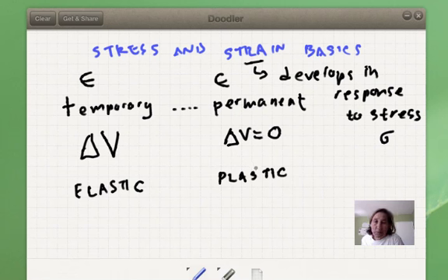So when you remove the stress, on plastic strains, really what you're doing is you're moving atoms to accommodate the change in shape that is being caused by the stress.